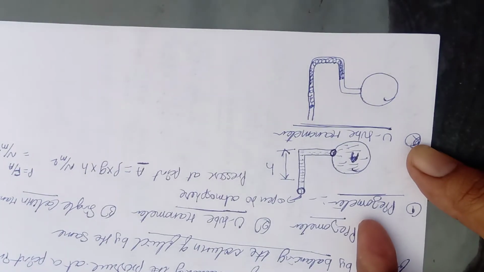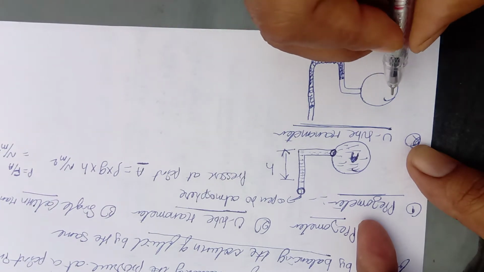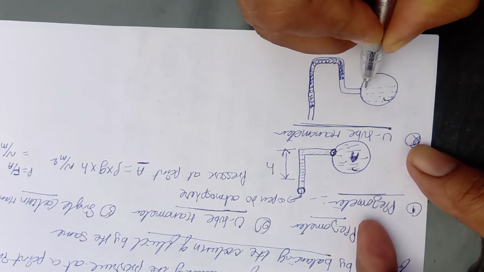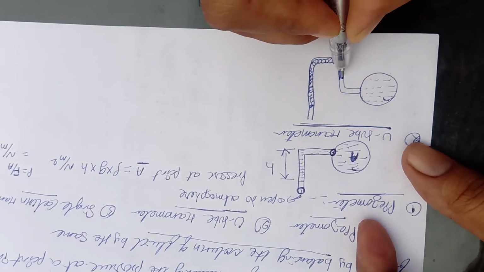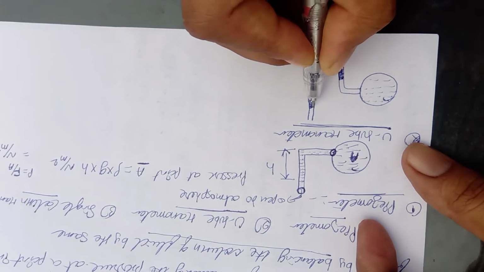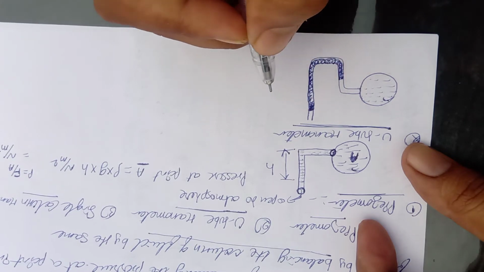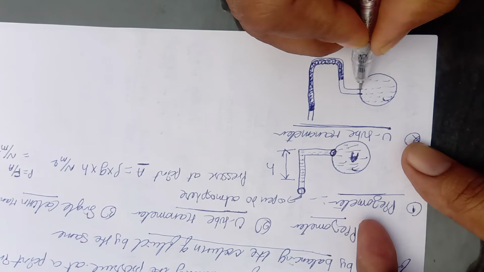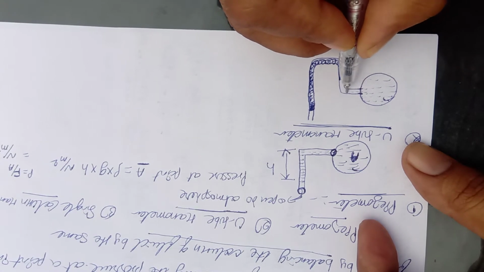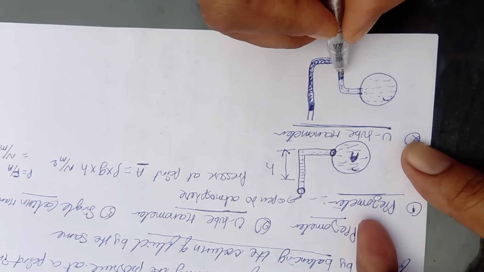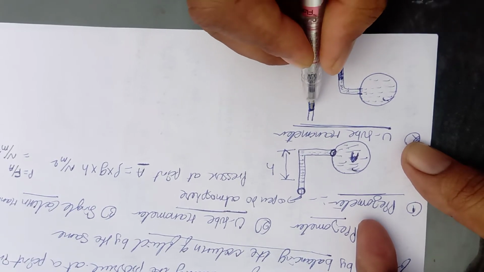This generally contains mercury. If this is water, then this liquid's specific weight should be more than water. So if I connect here, obviously water will enter it and it will push this liquid to a certain height.